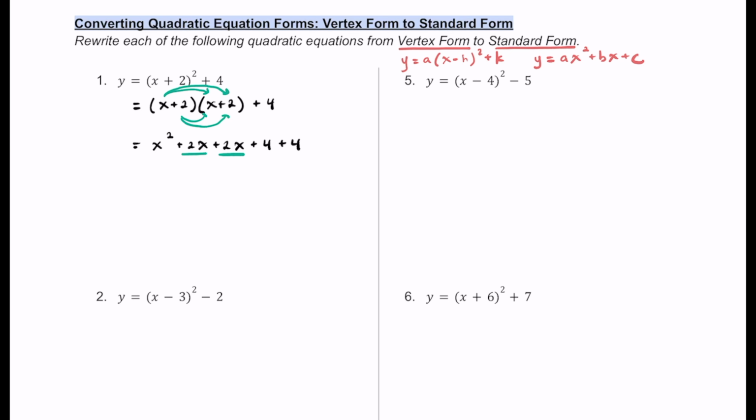And we also have these constant terms at the end here, this positive 4 and positive 4 that can be combined. So at the end here, we're going to get x squared plus 4x plus 8. All right, so this would be our standard form for this quadratic equation, and a is equal to 1, b is equal to 4, and c is equal to 8.